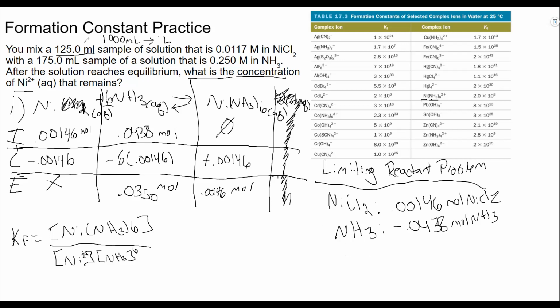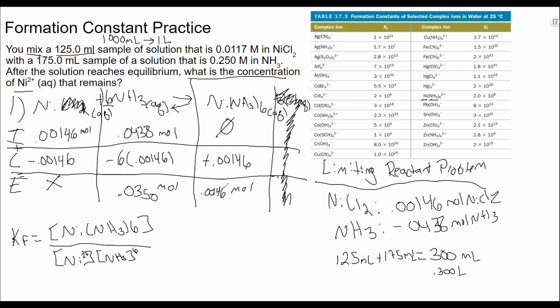And this is where we go back to the problem. You mix 125 milliliters with 175. So that's our volume. We're taking 125 milliliters and we're adding 175 milliliters. That is, our total sample is 300 milliliters, or 0.300 liters.